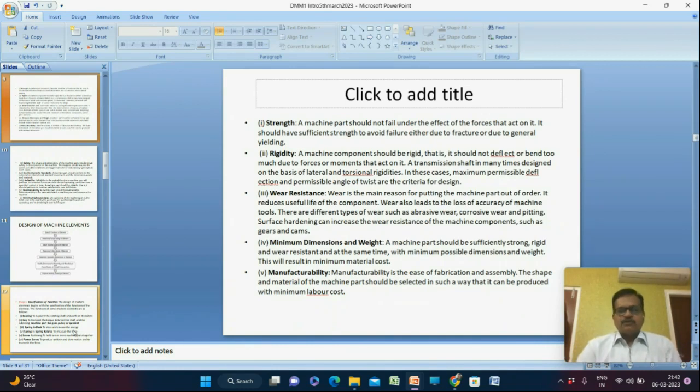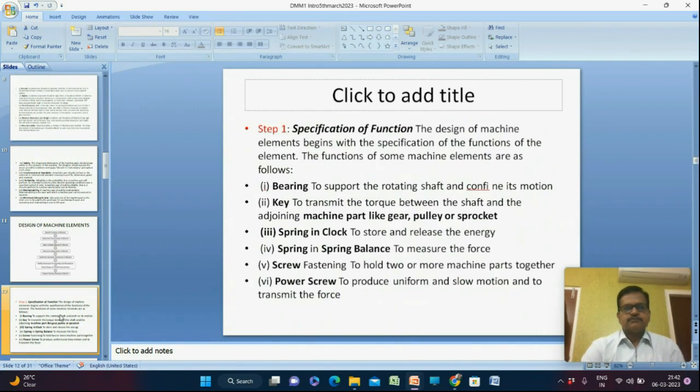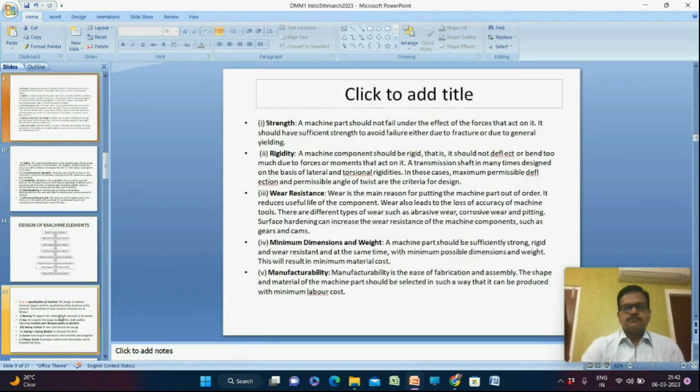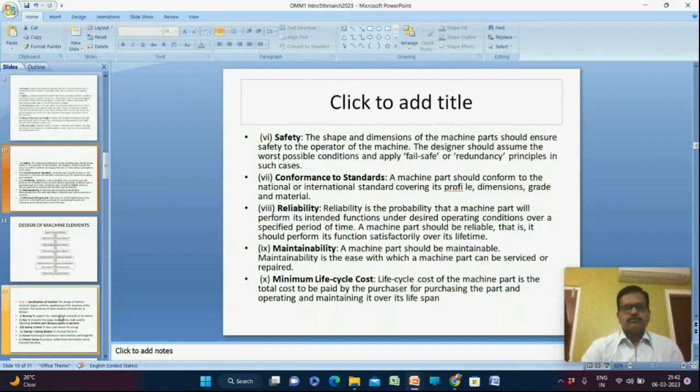Next, manufacturability. It is the ease of fabrication and assembly. The shape and the material of the machine part should be selected in such a way that it can be produced with minimum labor cost. Next, safety.